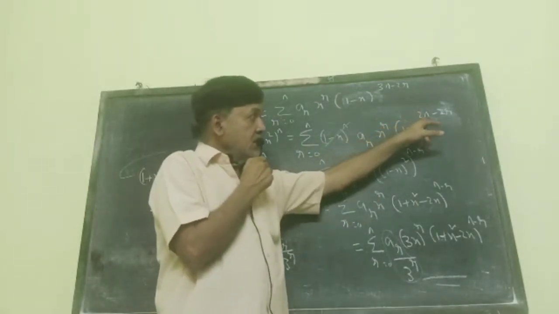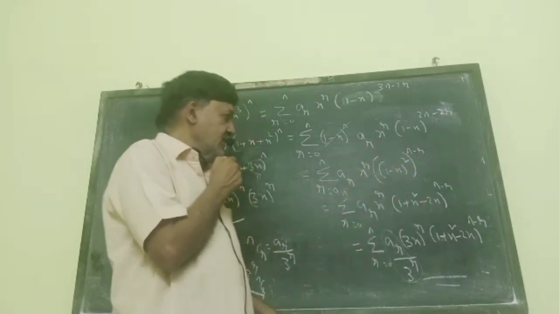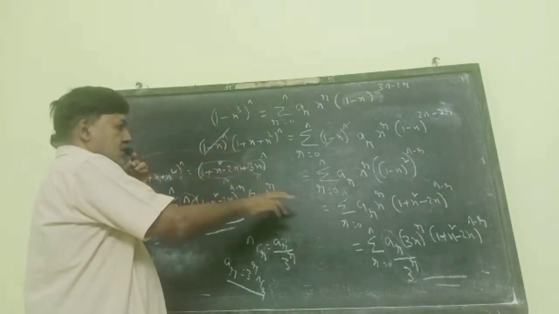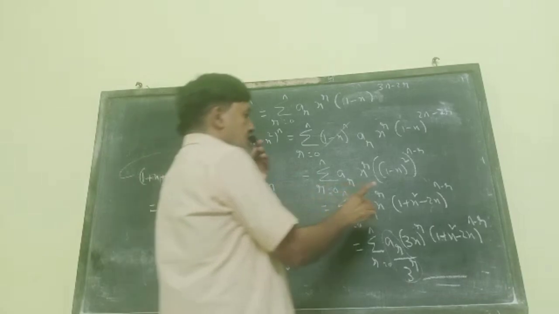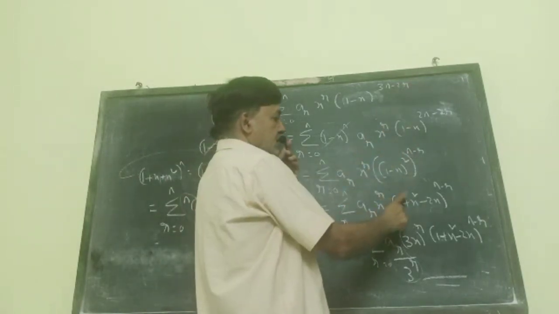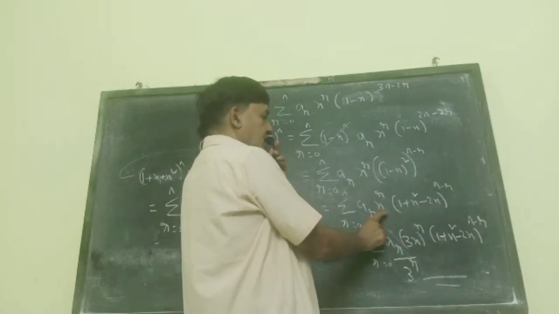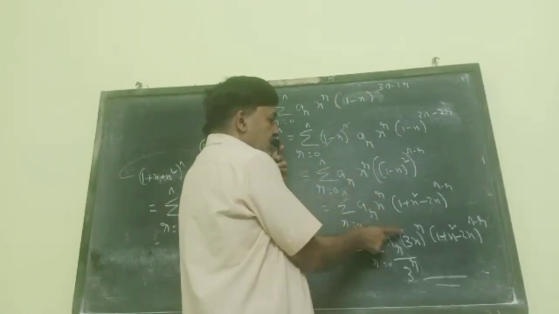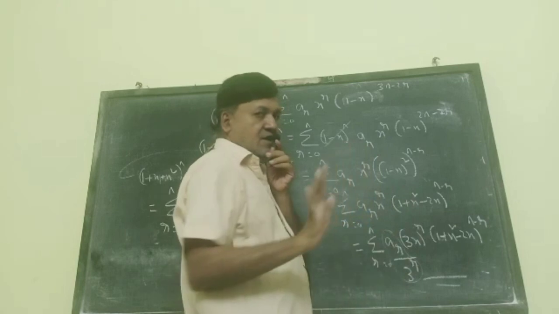You send 2 into n minus r inside. You will get like this. Now, carefully you watch. Here you are having 1 plus x square. I want to convert this into a plus b whole power n form. Means 1 plus x square minus 2x plus something. If I add, I should get what? Plus x. That's why I am multiplying with 3x, 3 power r, dividing with 3 power r.